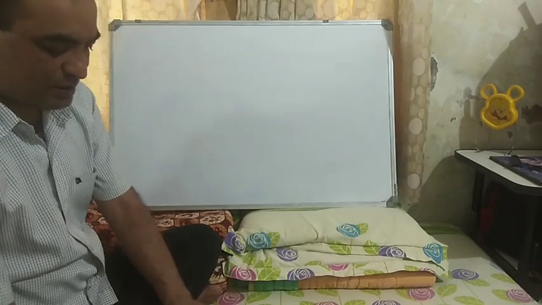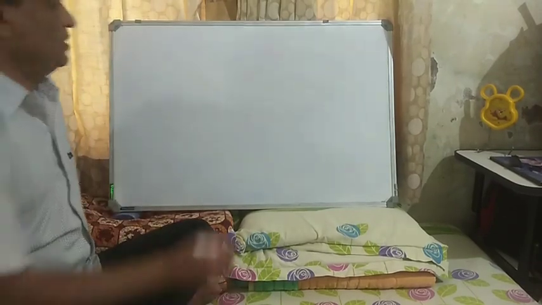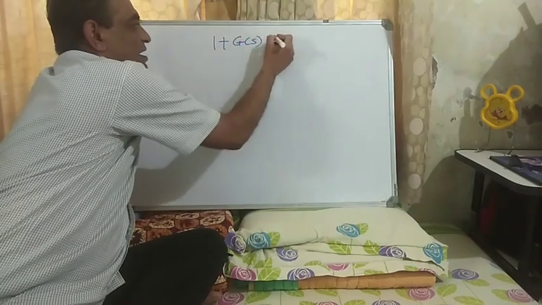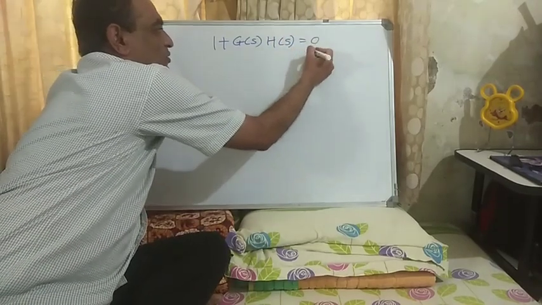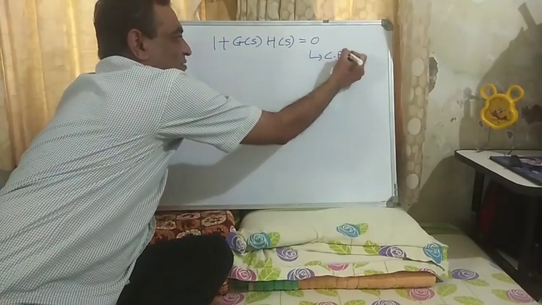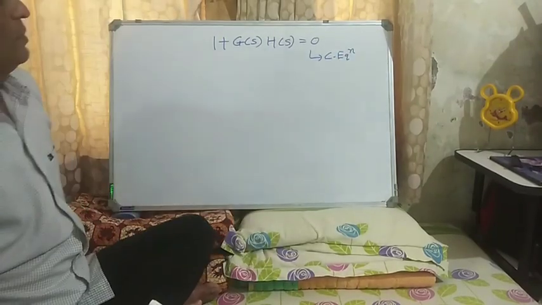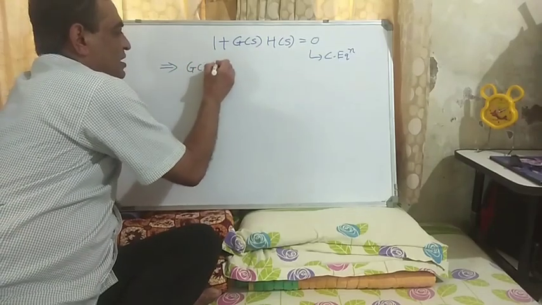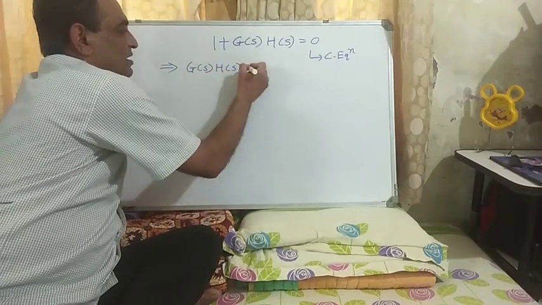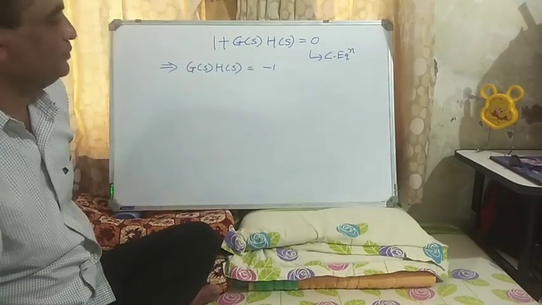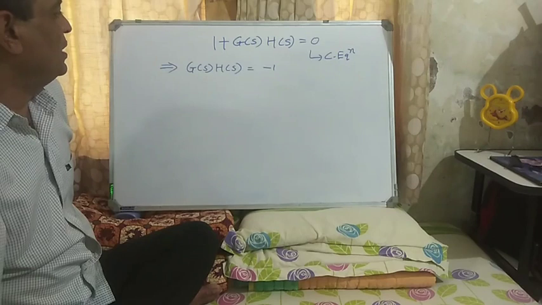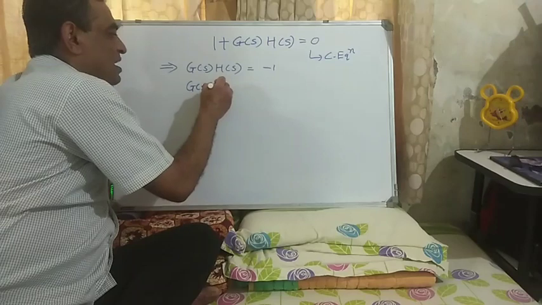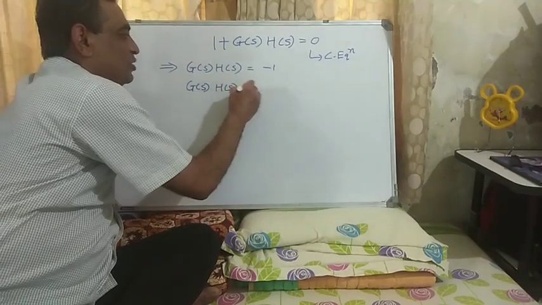We start with our characteristic equation, that is 1 plus G(s)H(s) equals 0. It implies that G(s)H(s) is equal to minus 1.